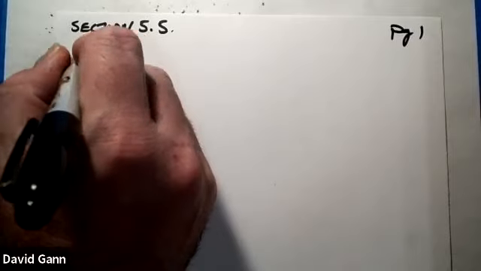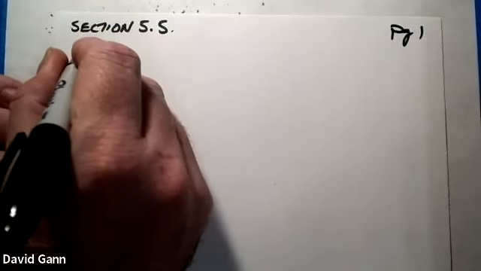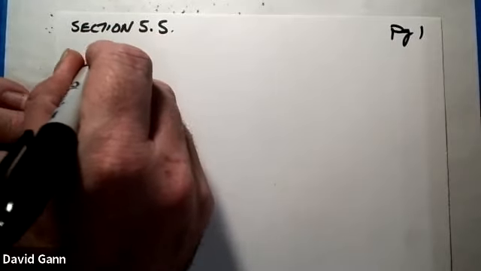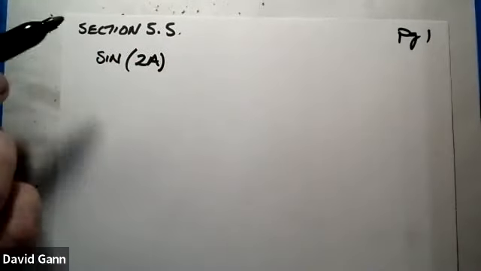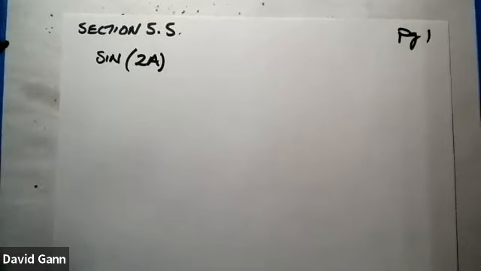Let's say that we wanted to look at if there's some way to express this quantity, sine of 2 times an angle A, a so-called double angle. Well, we already know how to work with a sum and a difference of angles with regards to sine, so it's not a crazy notion to say, what if the 2 angles we're adding were actually the same angle?